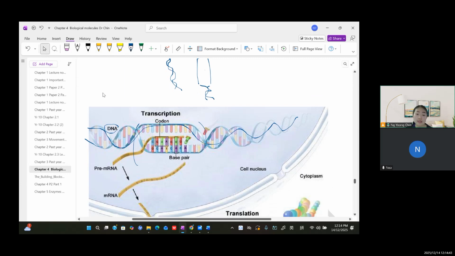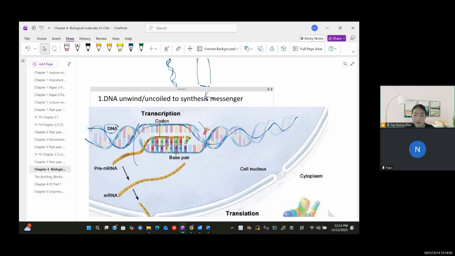First, the DNA will unwind or uncoil because they want to synthesize the messenger RNA. This is mRNA, we call it messenger RNA, from the gene located on the DNA strand.